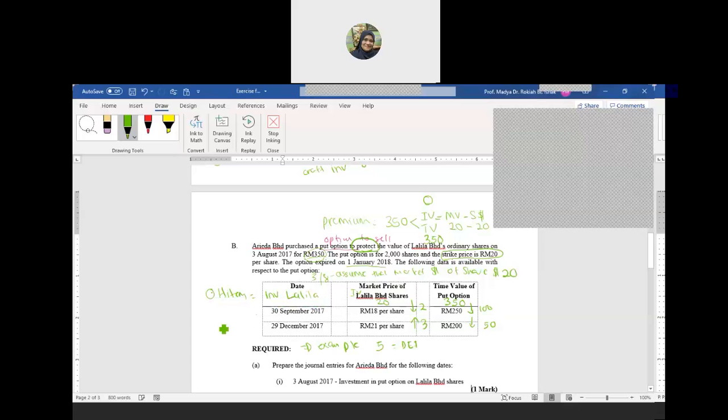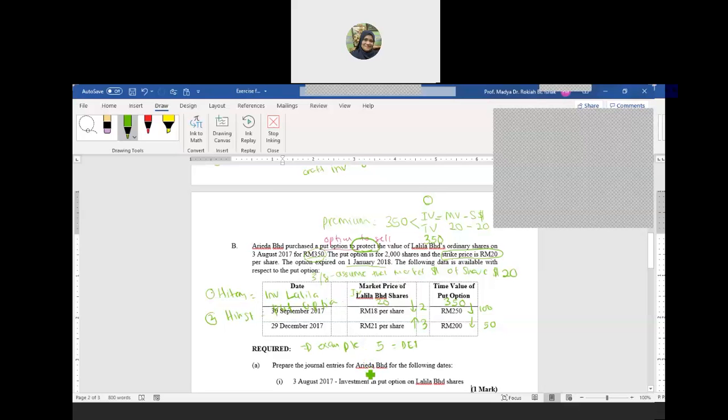And then your hedging instrument here is your put options. They use the word to protect, so we assume that we are using hedge accounting. We bought the options to protect or to hedge against the changes in the price of Lalila shares.